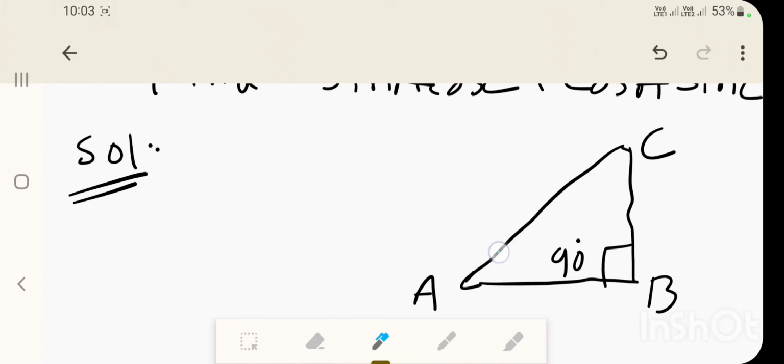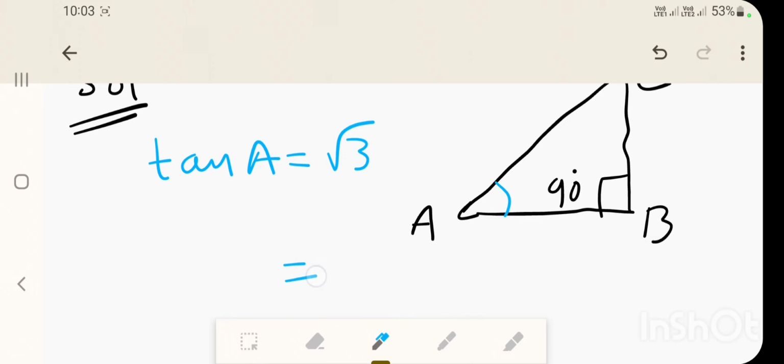Okay, tan A is this angle. Now by definition of tan, what is the ratio we get? Length of the opposite side divided by the length of the adjacent side. So that is BC by AB.